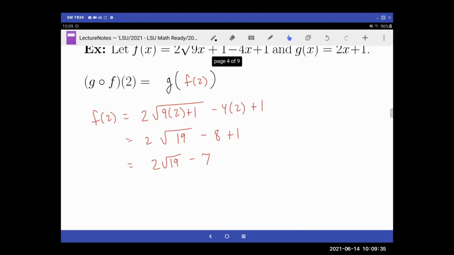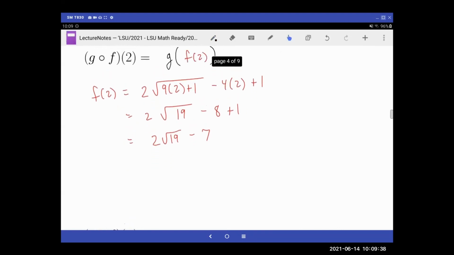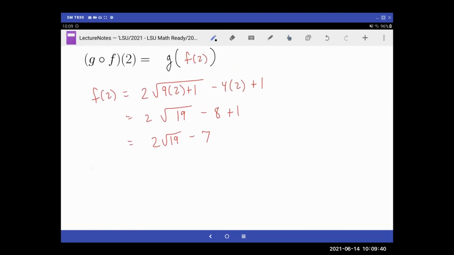So g is 2x plus 1. So what goes in that blank? 2 the square root of 19 minus 7. That's now my input. And so I will simplify that. Distribute this 2 here.